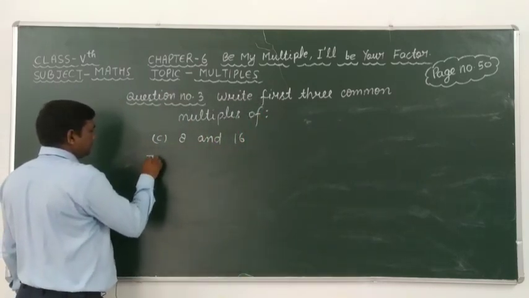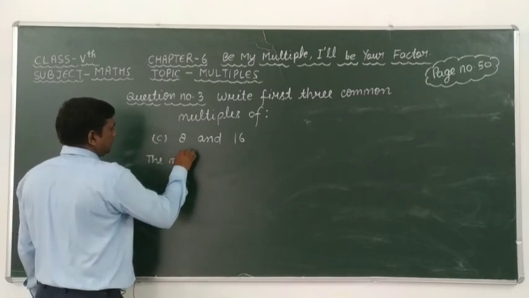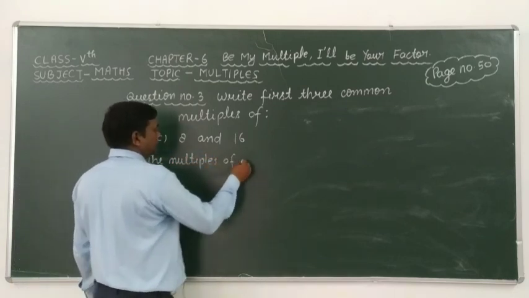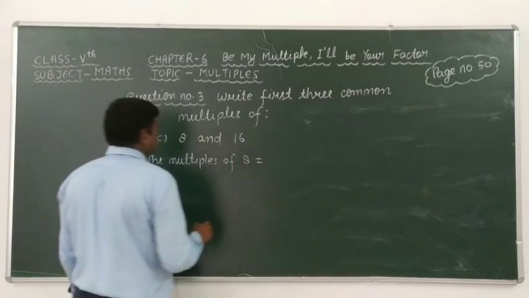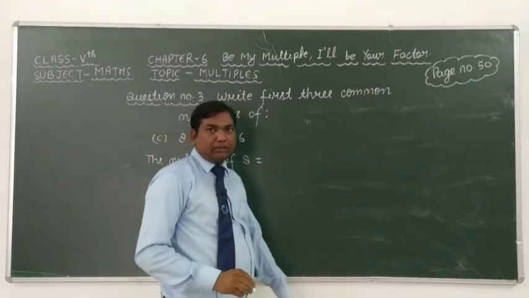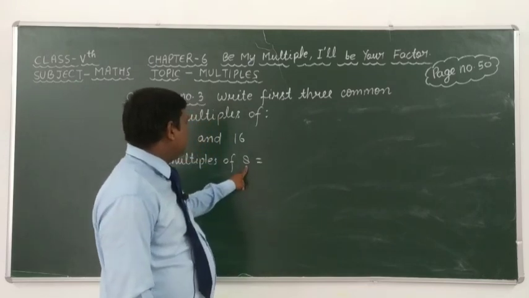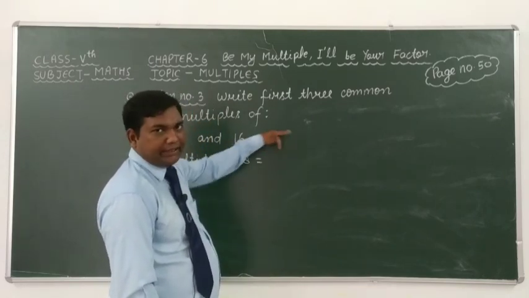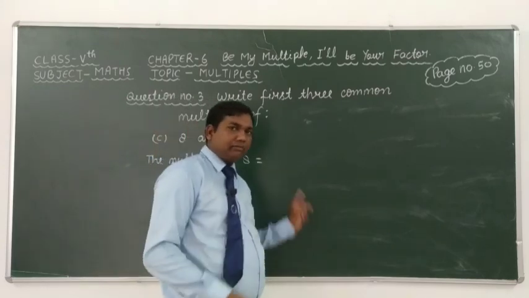The multiples of 8 are, listen, we know that if we take the multiplication of 8 and any other number, then we get its multiple.